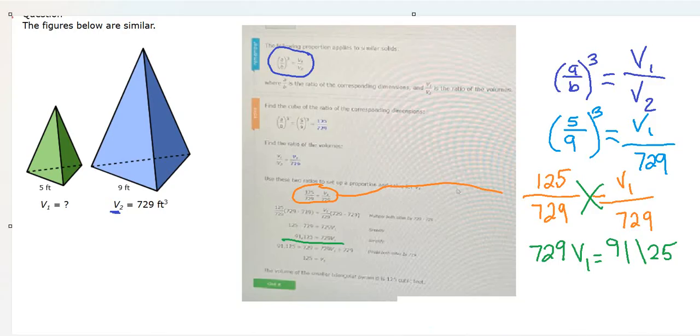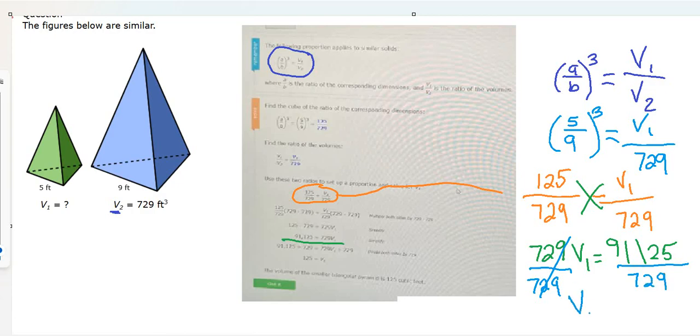All right, so from here, if you will remember, we are going to divide because the goal is we want this sucker by itself. So we have to get rid of this. It being multiplying, division undoes multiplying, cancels it out. What you do on one side, you have to do on the other, or it's not balanced.